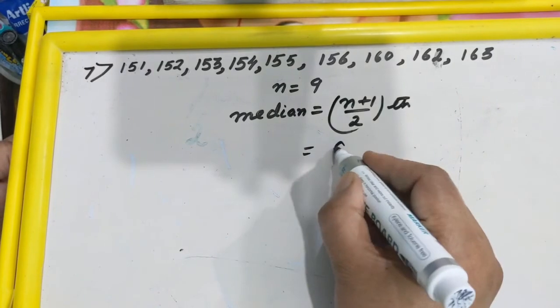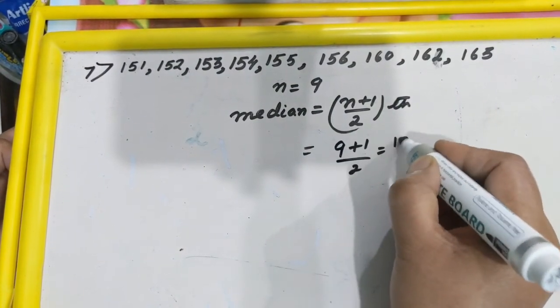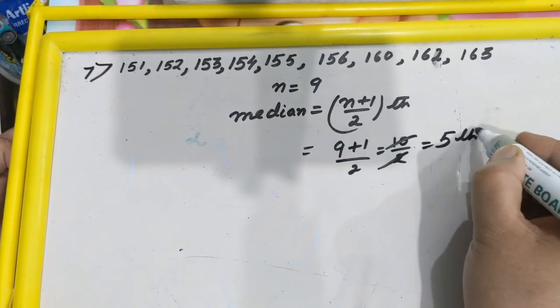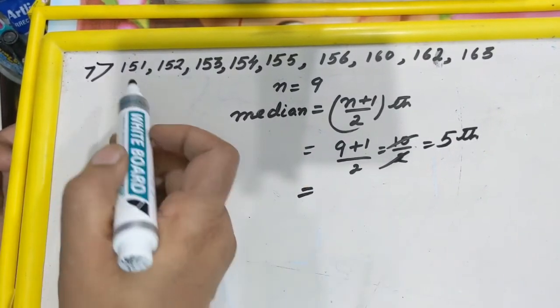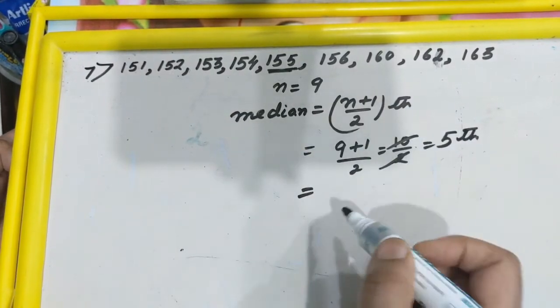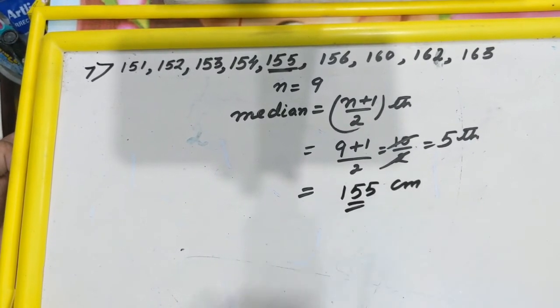That means n is 9 here, plus 1 by 2. It means 10 by 2 equals 5. So the 5th observation is the median. 1, 2, 3, 4, 5. It means 155 centimeters is the median height of the given set of data.